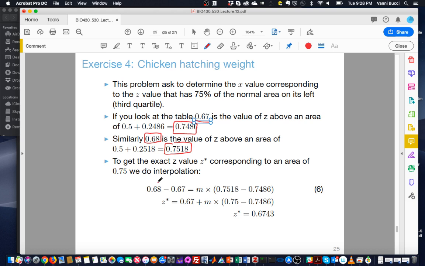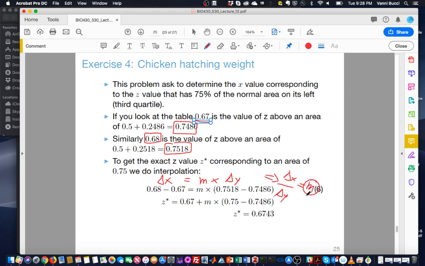Linear interpolation, which you should know, says delta x is equal to m times delta y. This is the value corresponding to 7518, and this is the value corresponding to 7486. So if I do delta x over delta y, I have m.